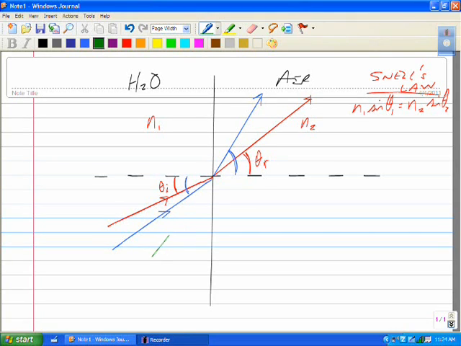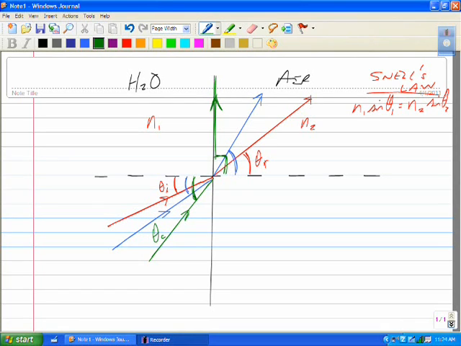Can you then see that there's going to be an angle, which this green arrow we're going to call theta sub c. You'll see why in a second. There's going to be a point where the refracted angle becomes what? 90 degrees, right. It's going to do this. The refracted angle is 90 degrees.